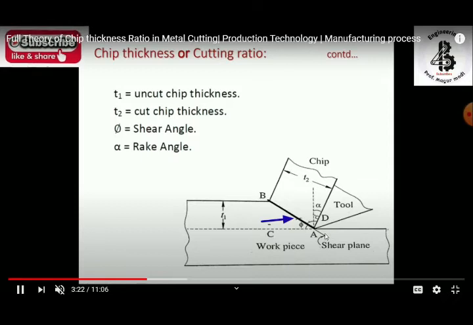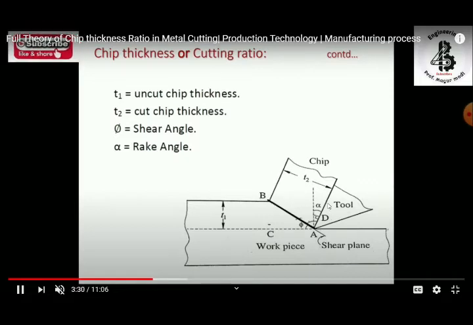Just a small note here: A, B, C. In this triangle you observe A, B, C. Here D also came in this way, horizontal. A, B, C, D is the triangle on the workpiece.